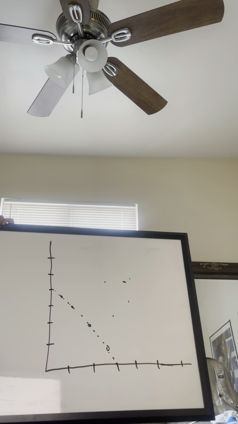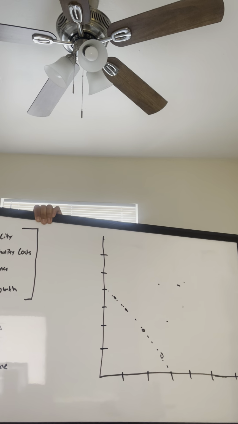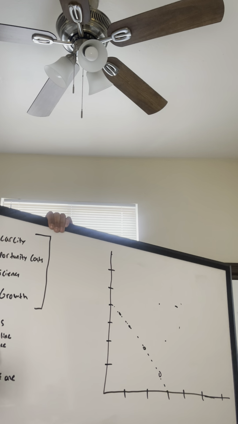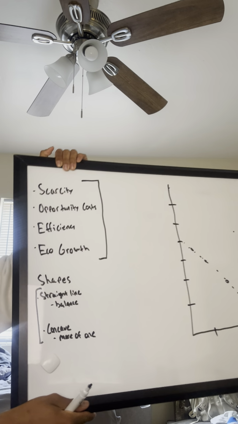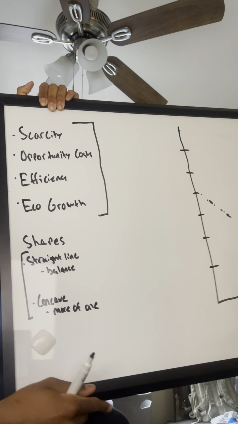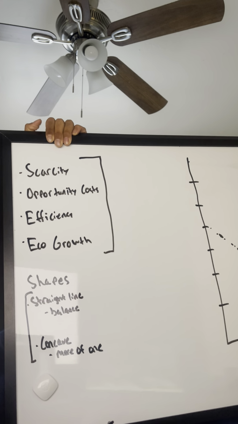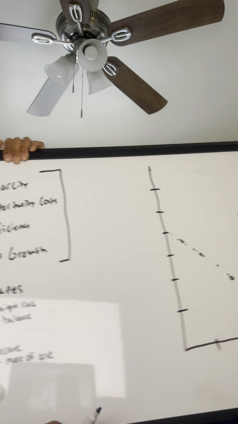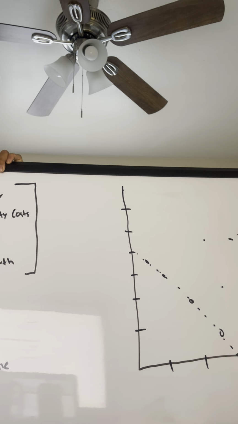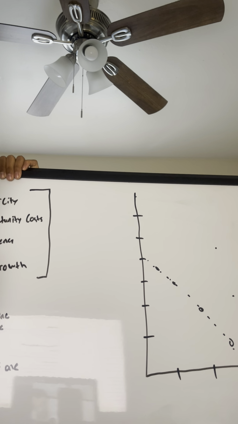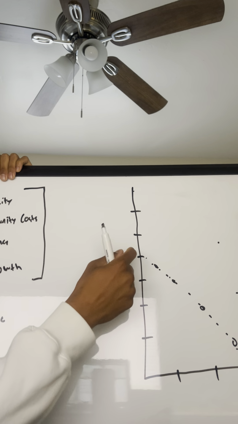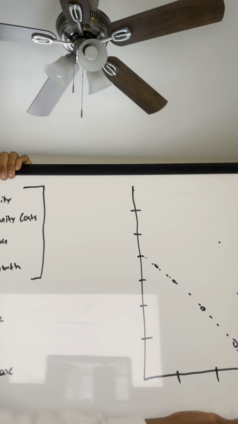And then the only other thing that's technical to cover is the shapes. You guys can't see anything. The shapes. It says, in my horrible handwriting, straight line and concave. A straight line production possibilities frontier just means that resources are equally balanced. So we have an equal amount of these resources versus these resources.